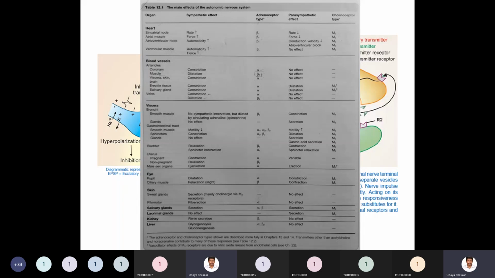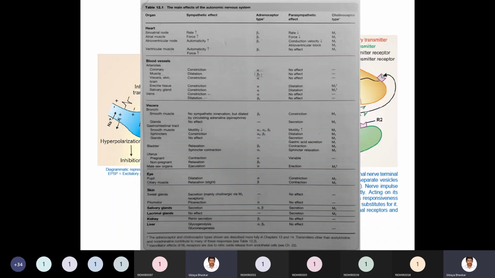If you take the contrary system, like the parasympathetic system, when acetylcholine is released at the M2 receptor, M2 is present at the SA node, atrial muscle, atrioventricular node, and ventricular muscle.